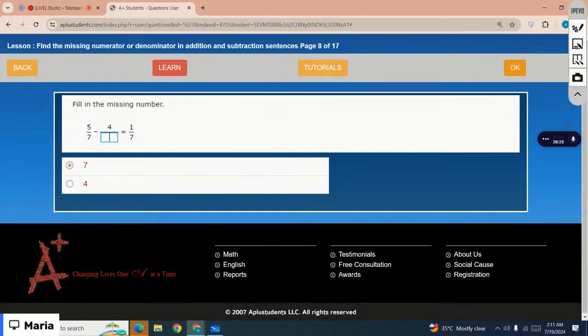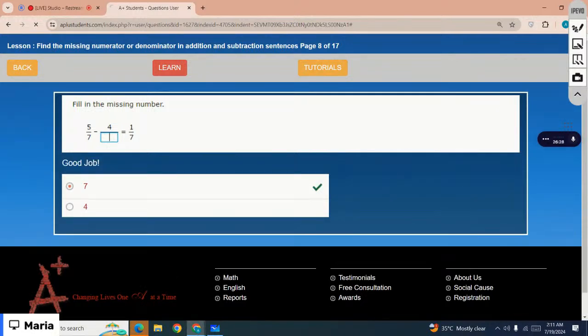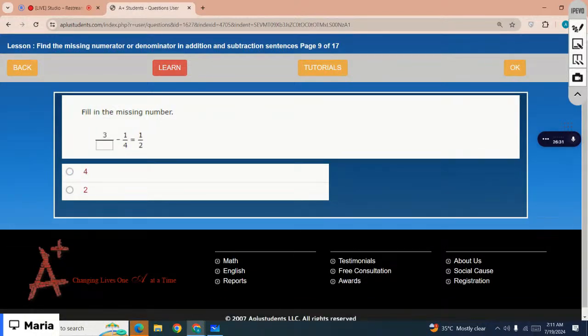Option number 1 is the correct option. Fill in the missing number. So which number is missing? Yes, 4 is missing. Option number 1 is the correct option. Very good.